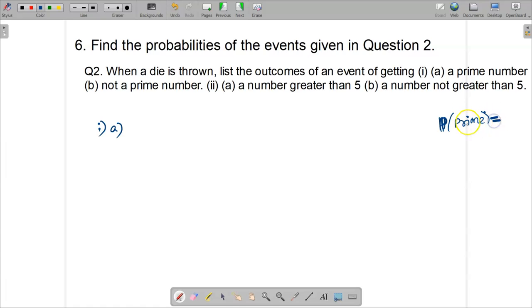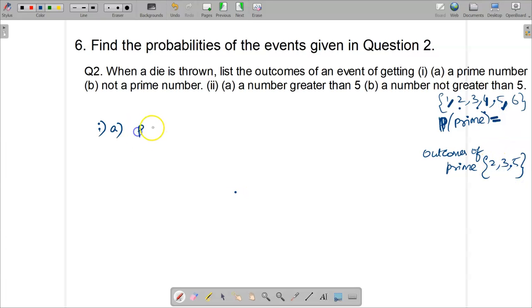When you throw a dice, these are all the possible outcomes: 1, 2, 3, 4, 5, 6. What are the outcomes of a prime number in that? It is 2, 3, 5.